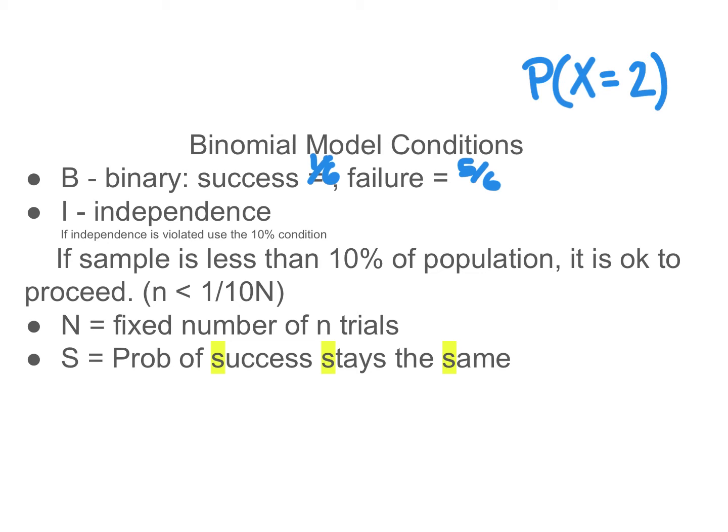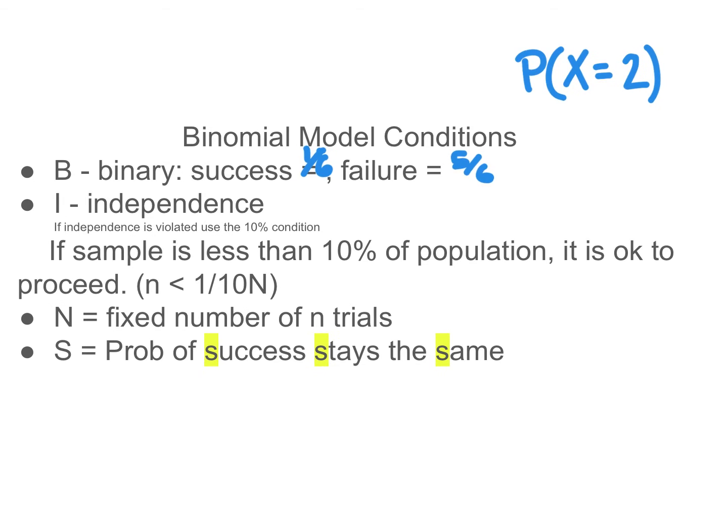So if you have sampling without replacement, it's okay to continue if the sample you're choosing is less than 10% of the population. That's known as the 10% condition. So it's okay to proceed. You'll also see this written as long as N, our sample size here, is less than 1/10 of our population.